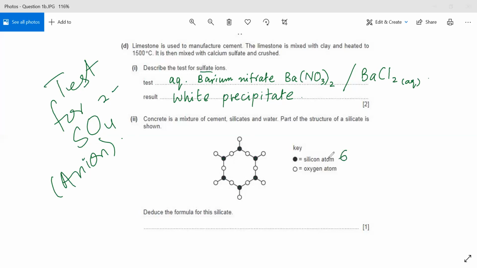So you have 6 silicon atoms, and oxygen, if you count, 12 oxygen atoms. So you may write Si6O12, or you may also give the simplest ratio, SiO2. Both ways you will get the mark.